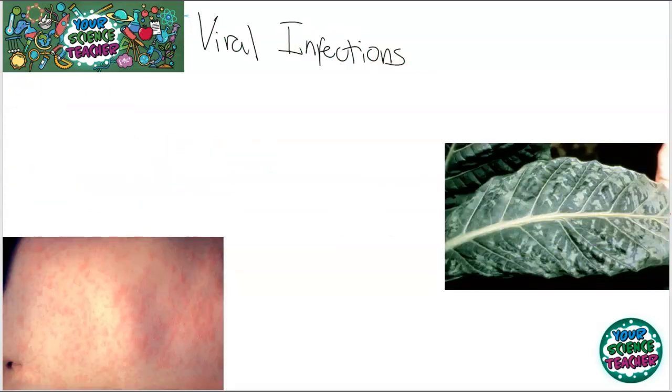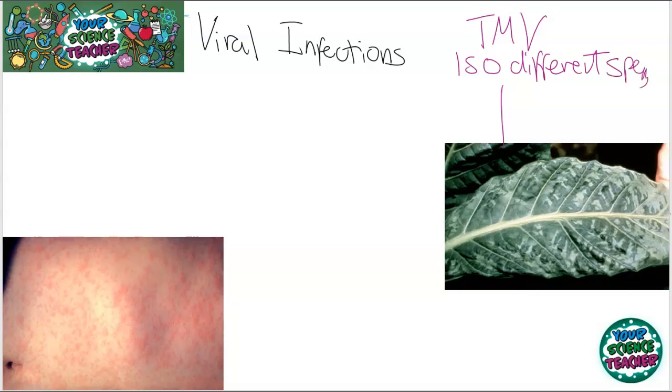Diseases by viral infection are a lot more common in plants. And here is an example of a viral infection in plants. This is called tobacco mosaic virus. And the reason why it got that name is because it typically infected tobacco plants. However, it does, in fact, infect 150 different plant species, including tomato plants.